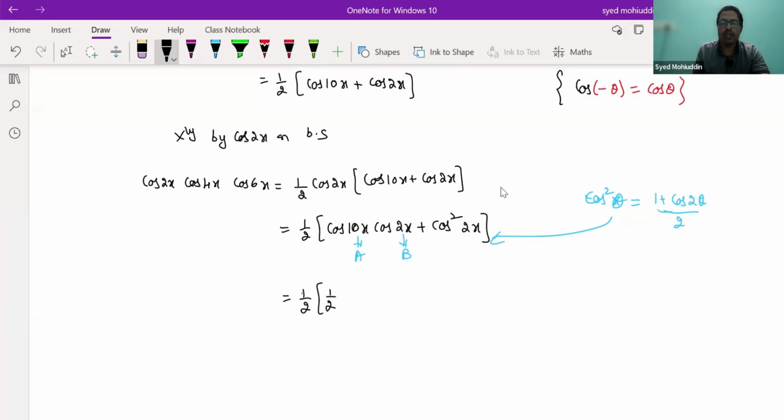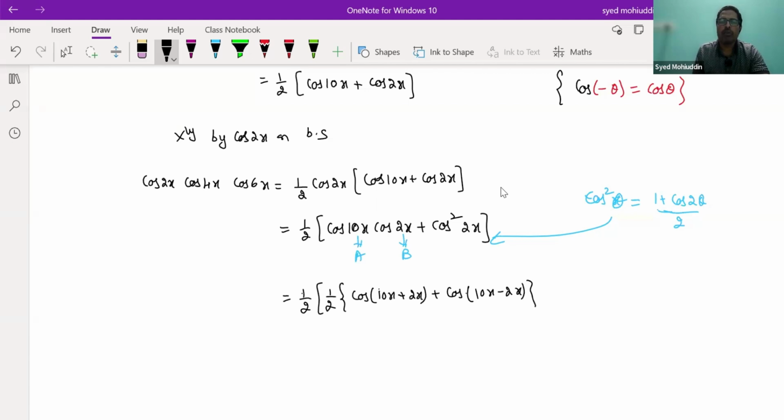Are you getting it? Okay, cos of A plus B. So A plus B is 10x plus 2x. So I'm using the same formula for the second time here. Cos of A plus B plus cos of A minus B.